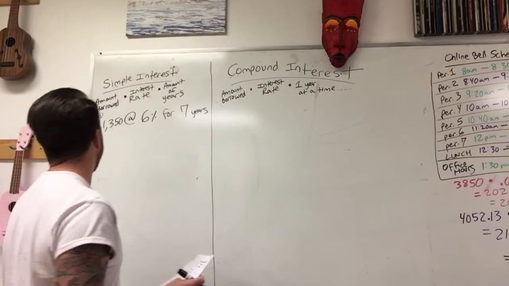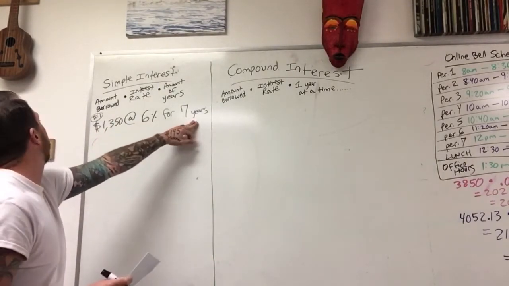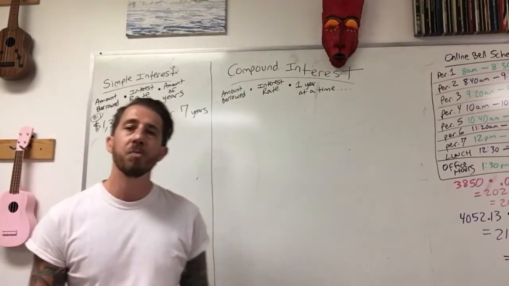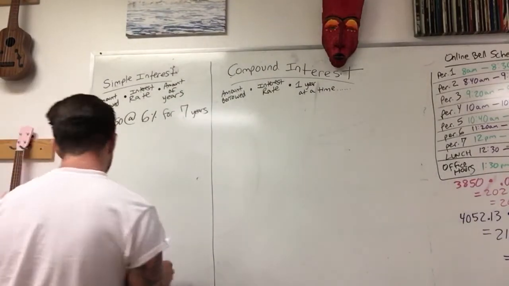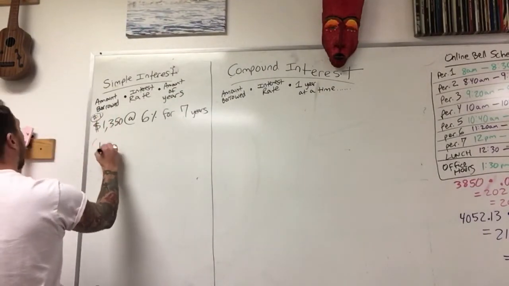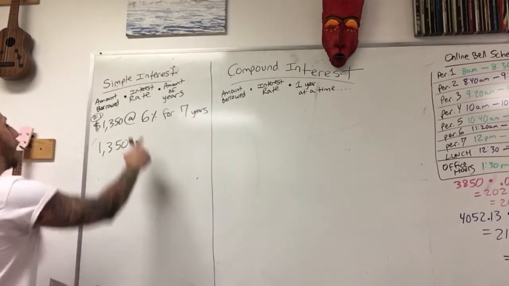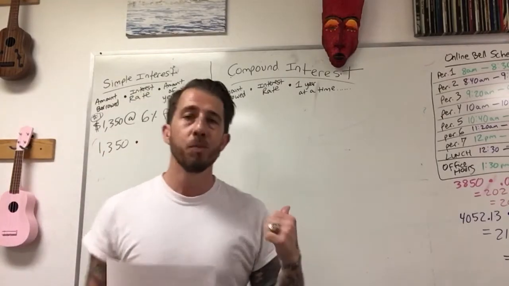So let's say you took out this real small loan, and somebody wanted you to pay it back within 7 years at 6%. How much extra money are you going to be paying this person for letting you take money from them? You take 1,350 and multiply it by 6%. Like I told you earlier, we can't multiply by just a percent.